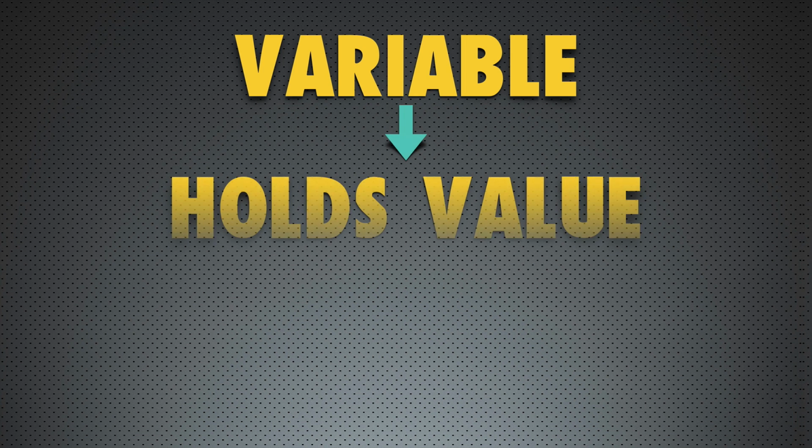A variable holds a value, and you can reuse a variable as many times as you want. Also, because it is a variable, you can change its value. Let's suppose that there is a variable that is holding some value, and you decide to assign another value to this variable, and you perform reassignment of this variable.